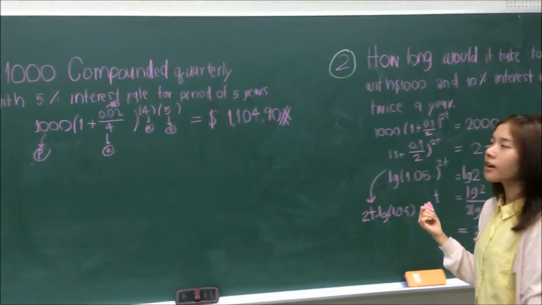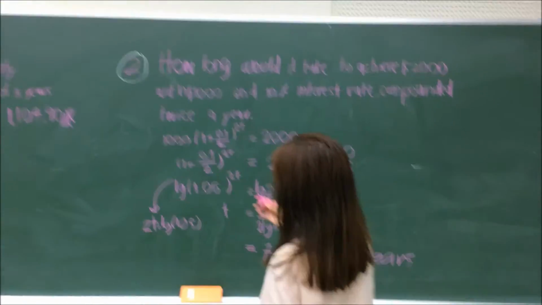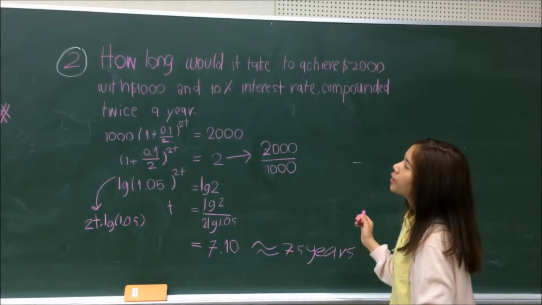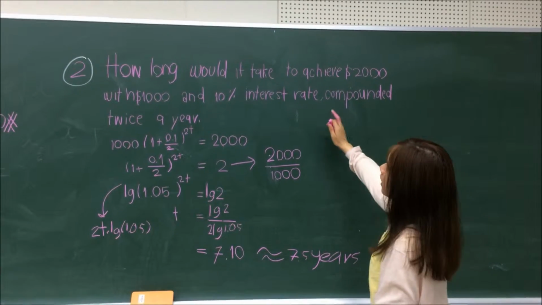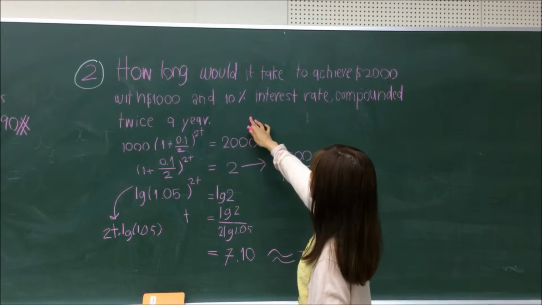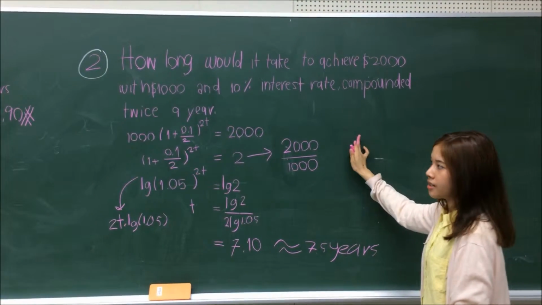Let's move on to the second example. How long would it take to achieve 2,000 from 1,000 at a 10% interest rate compounded twice a year?